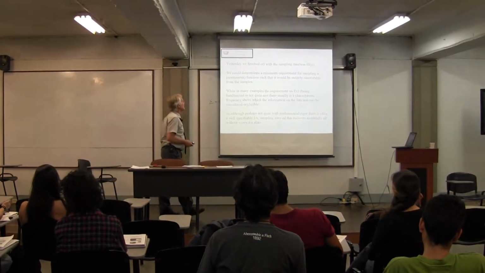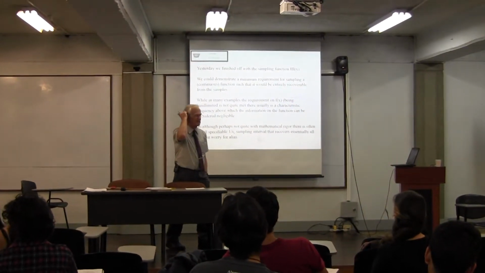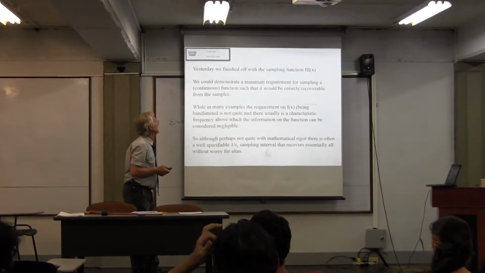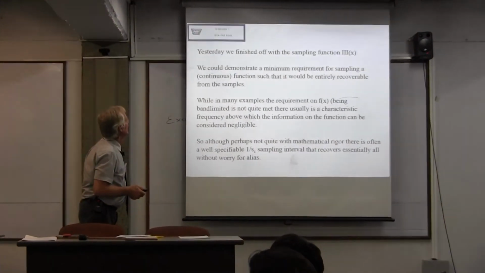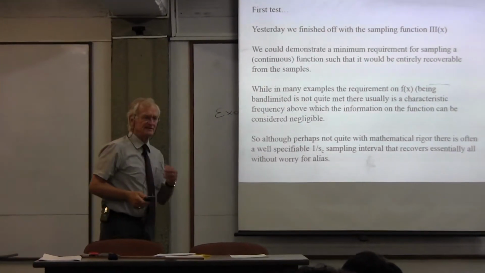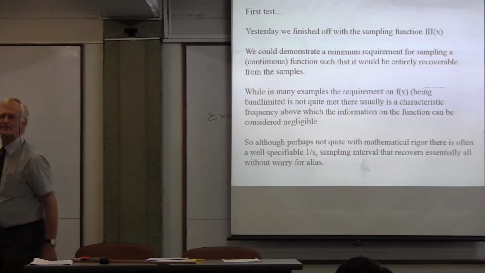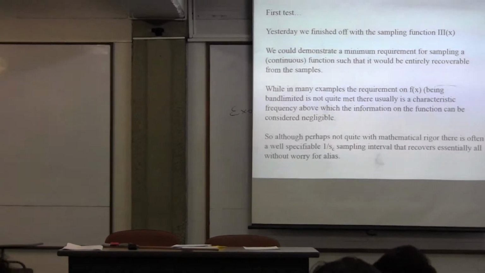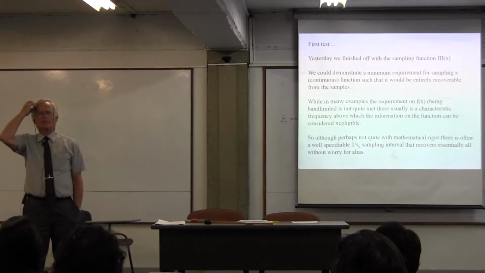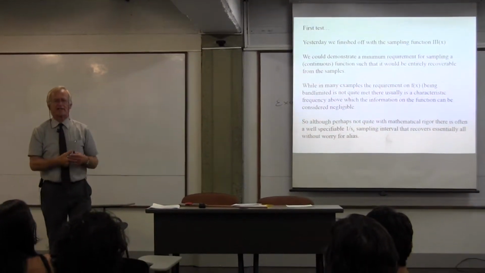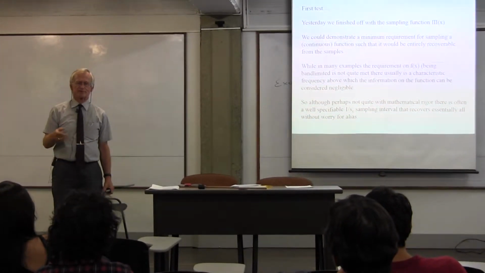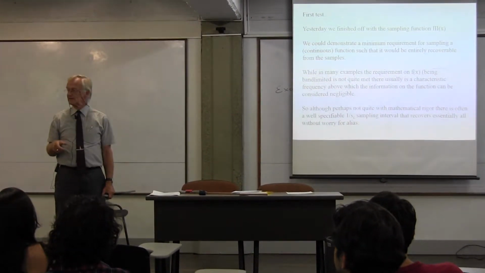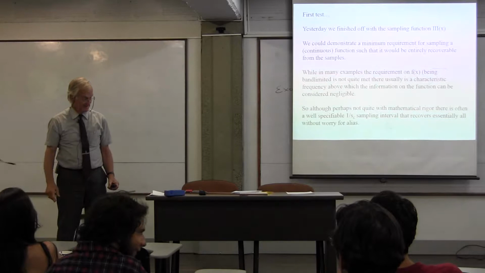So, we finished off yesterday with a sampling function. And that was in fact the most interesting sampling function. Of course, sampling functions are extremely important. They describe how you take readings, a digital process, you convert from an analog process.